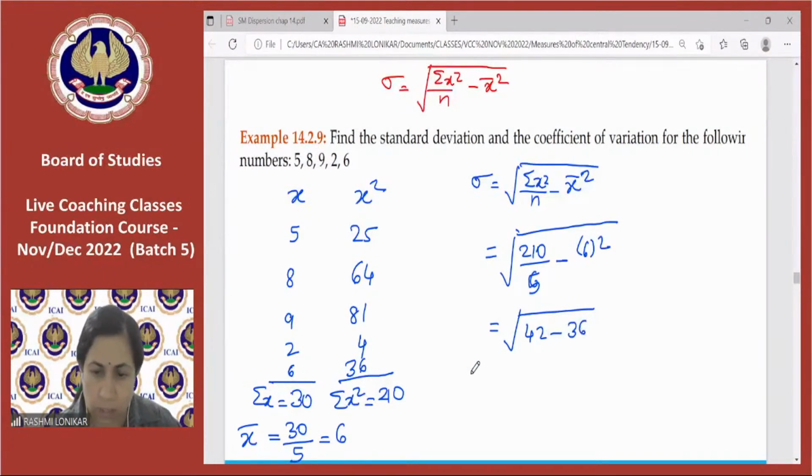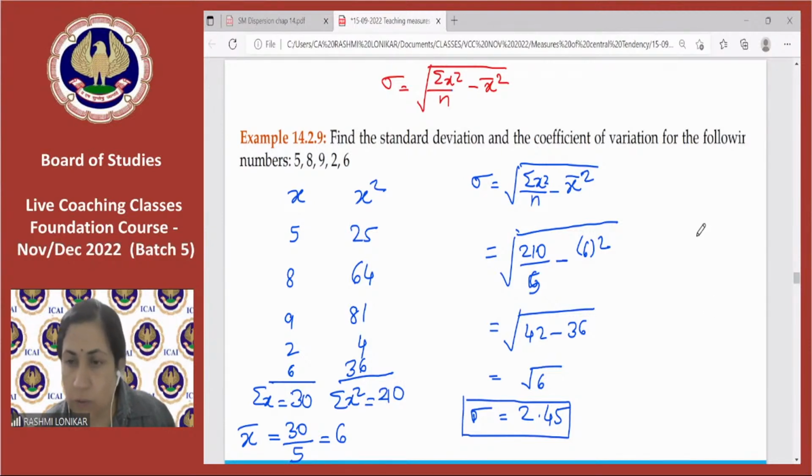So 42 minus 36 is square root of 6. Okay, which is equal to how much? Root 6 is 2.45. Okay, so standard deviation is equal to 2.45.